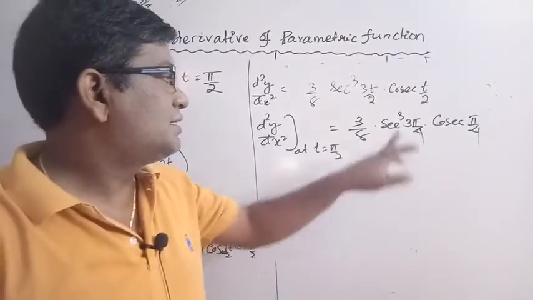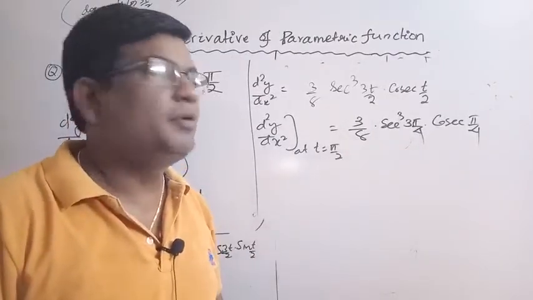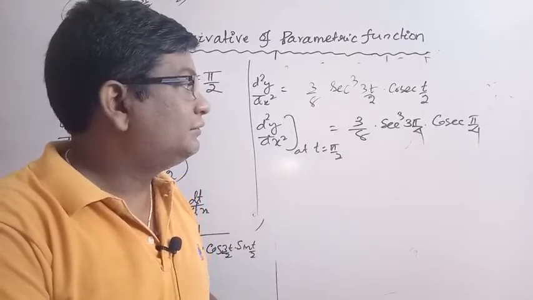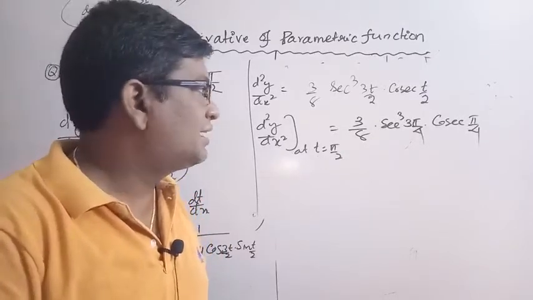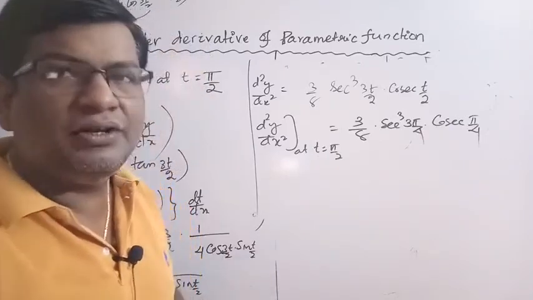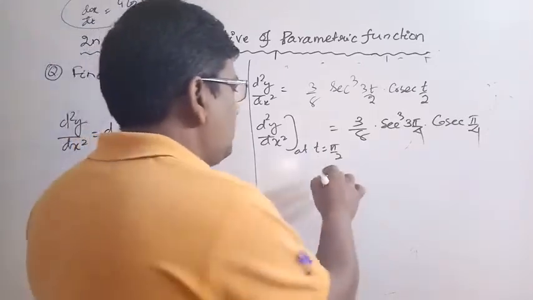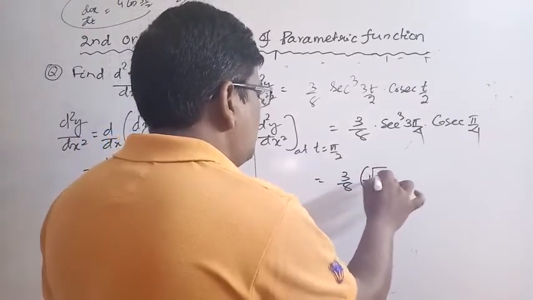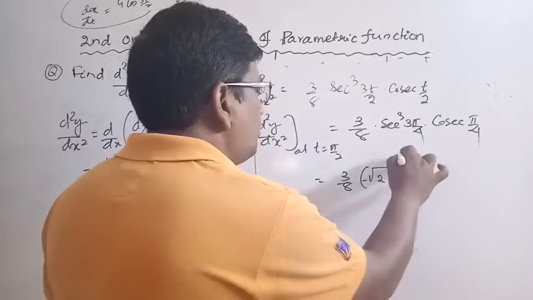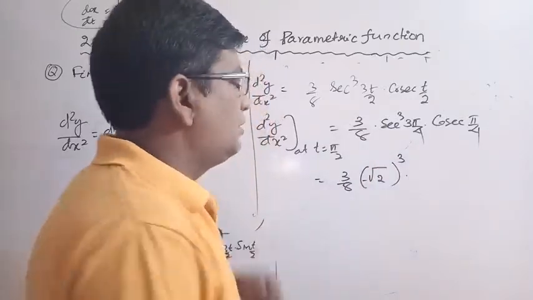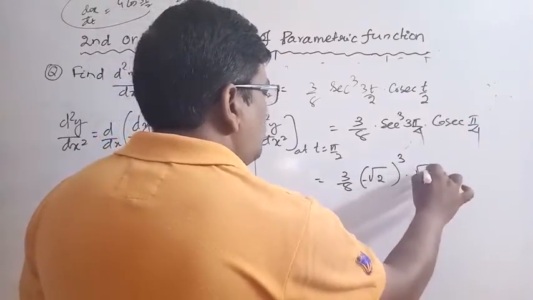What is sec(3π/4)? 3π/4 means 135 degrees, so it lies in the second quadrant. So sec(3π/4) has value minus root 2. So 3/8 into (−√2)³, and what is cosec(π/4)? It is root 2.